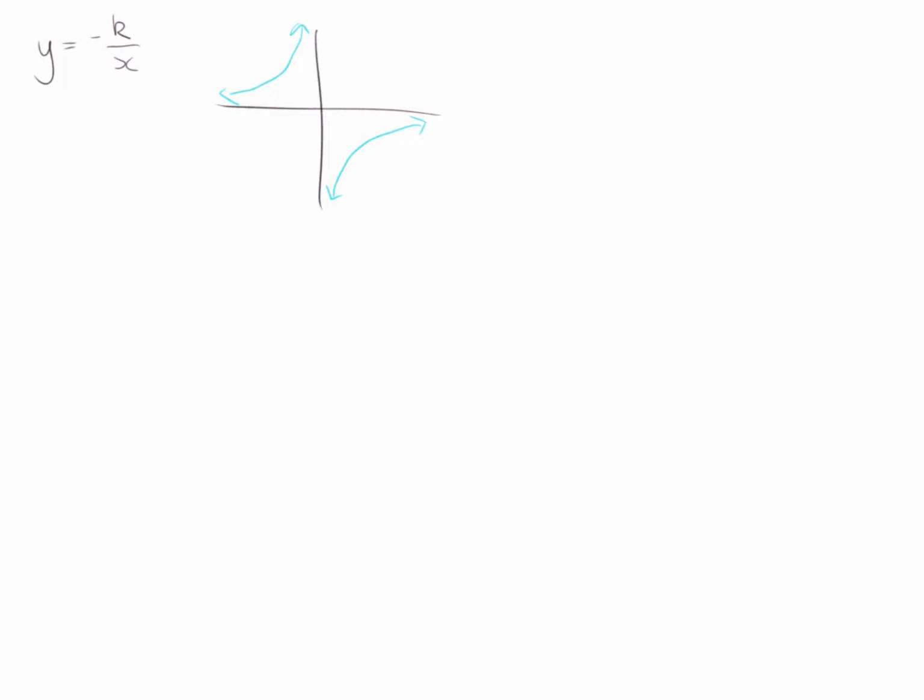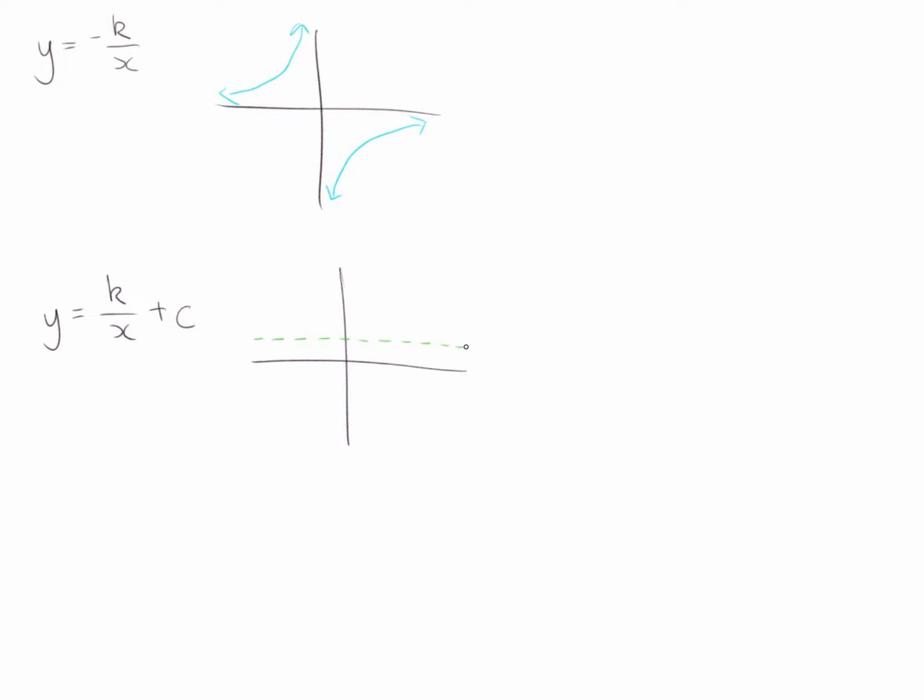Let's go back to our standard hyperbola, y equals k on x, but let's add on some constant at the end. This resulted in shifting our hyperbola upwards. Instead of our asymptote being along the x-axis, we've now shifted it up by c places.